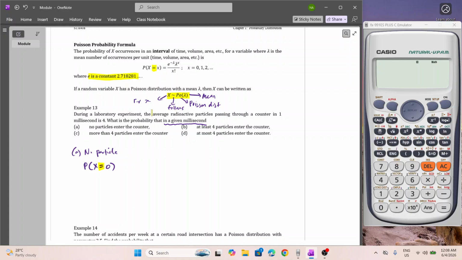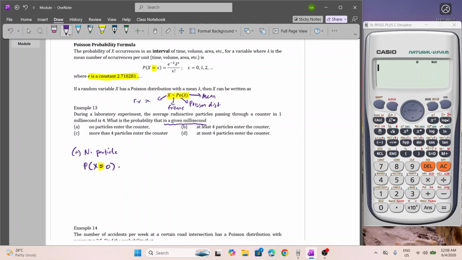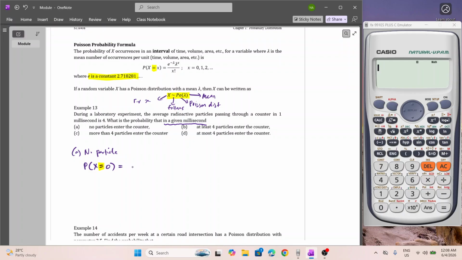So it is not much work to do here. So just use the formula. So for this one, e to the power of negative lambda. Okay, so please remember it is always negative here.